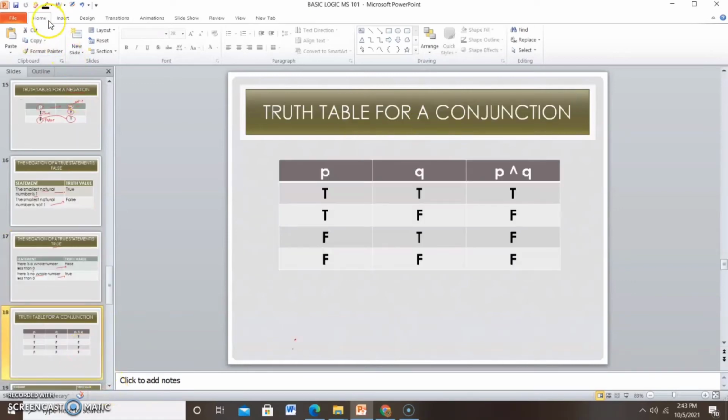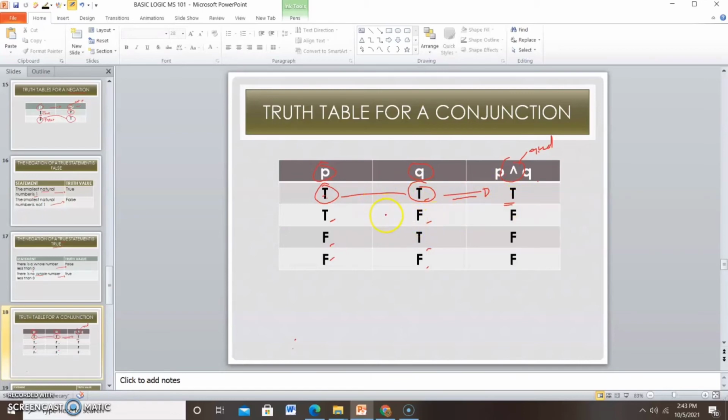How about conjunction? Example of a truth table in conjunction. This is the symbol for conjunction, and. Given P and Q, P is true, true, false, false, and Q is true, false, true, false. Then, P and Q. P given true and Q given true, the answer is true.